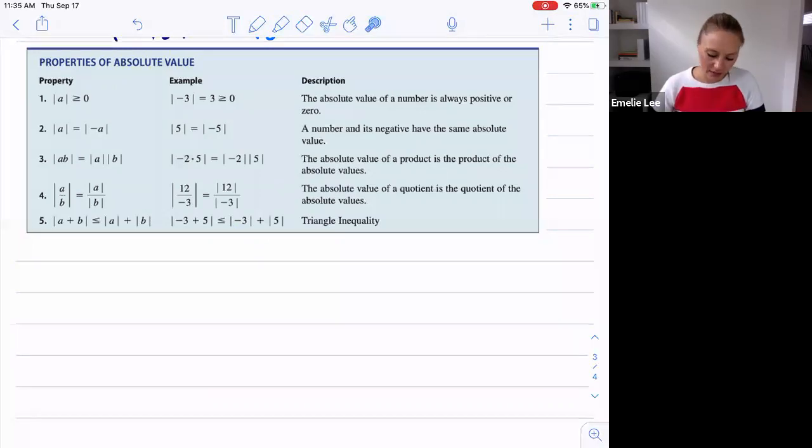One thing that I want to highlight here is these two are good to keep in mind. If you're multiplying or dividing, it might be useful to know that you can just bring the absolute value sign in there. I want you to develop kind of mental stoppers if you're adding or subtracting, because you don't need to memorize this.